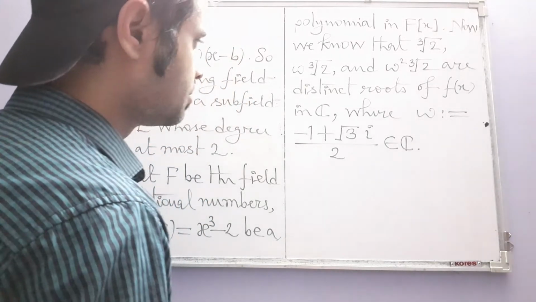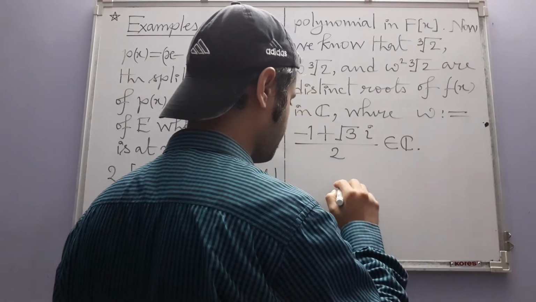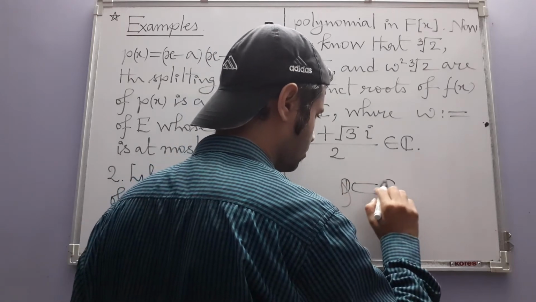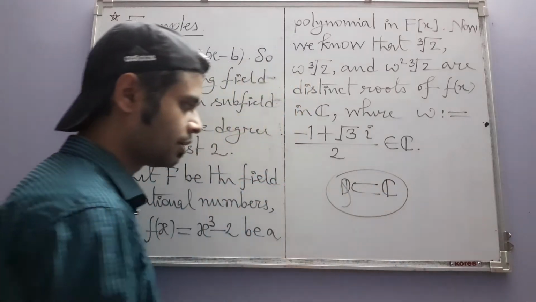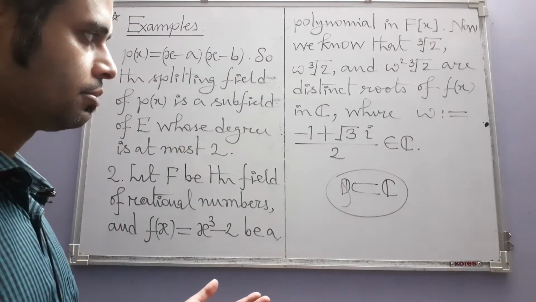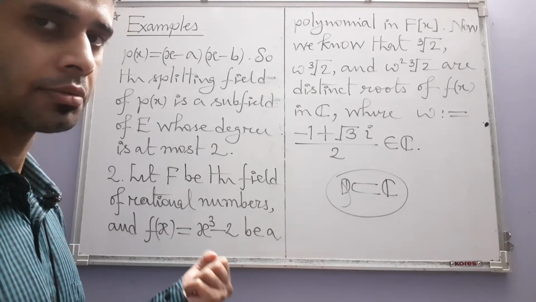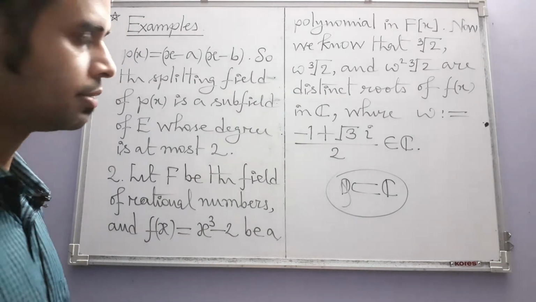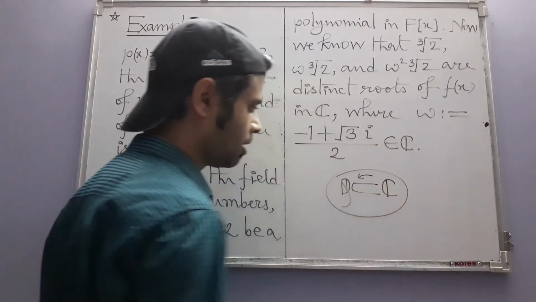So the complex field, which is naturally an extension of the field of rational numbers, has all the roots, but that does not say that the complex field is actually the splitting field for this polynomial. Maybe the splitting field is actually something smaller.